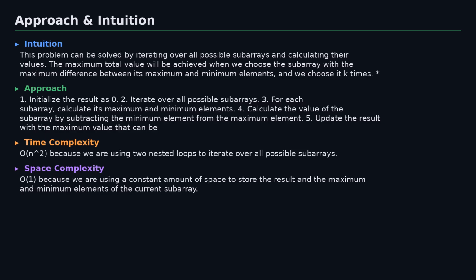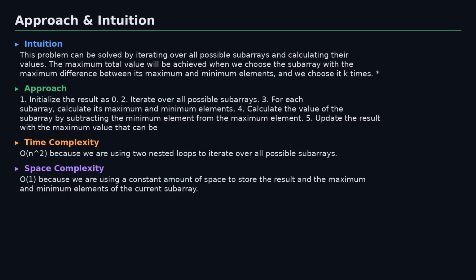Similarly, in this problem, we want to maximize the difference between the maximum and minimum elements in the subarray. This is because the total value is calculated by subtracting the minimum element from the maximum element and then multiplying by k. So, the larger the difference, the larger the total value will be.